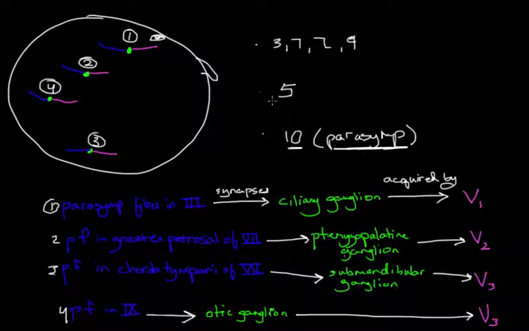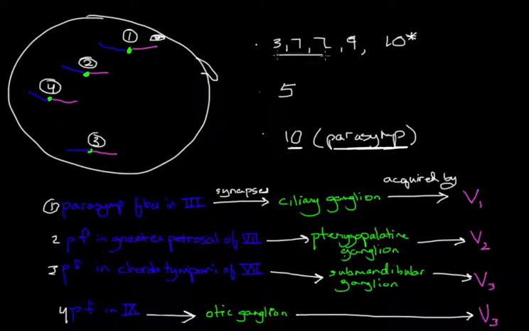So if someone asks you which cranial nerves have parasympathetics, then you would say 3, 7, 7, 9, and I guess you would also say 10 technically does have parasympathetics, but I would put a little star next to it, because even though it has parasympathetics, it doesn't actually do any parasympathetics in your head. It only does it in the thorax and abdomen.